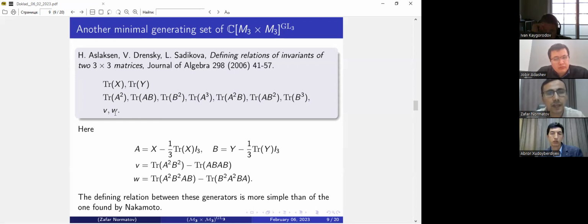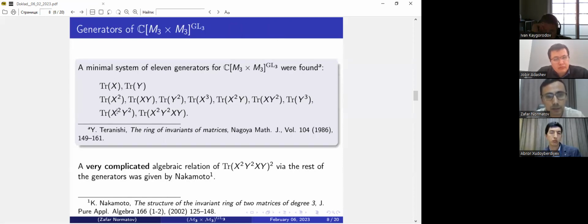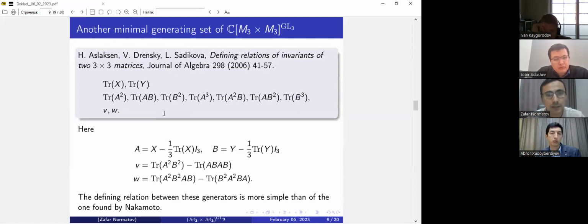And they also changed the last 2 traces to V and W, where V and W are formulated as follows.